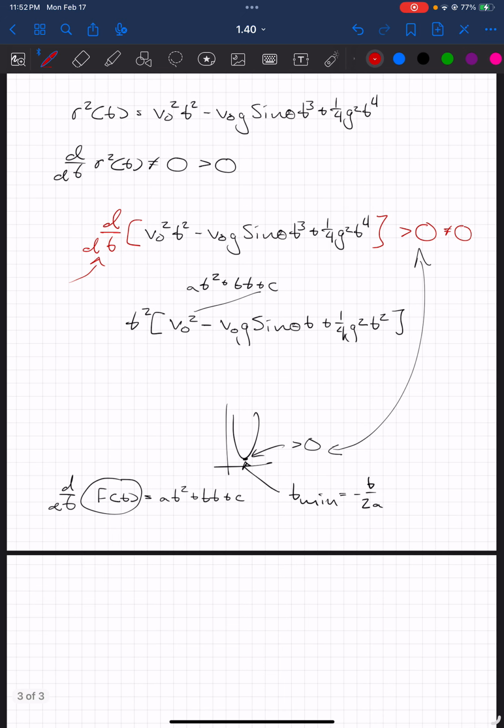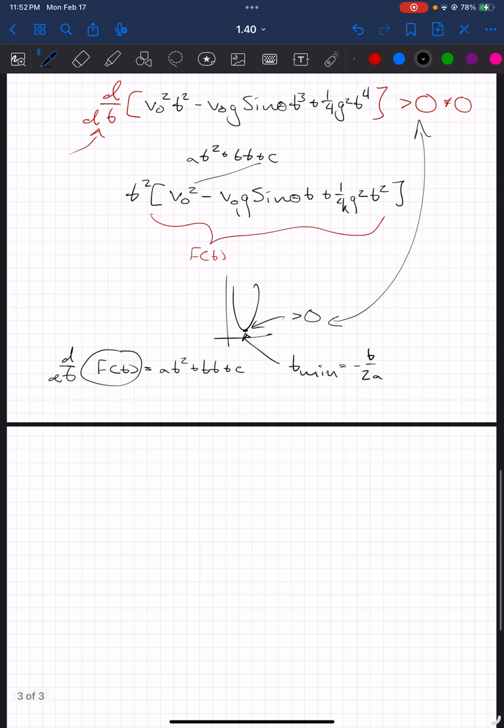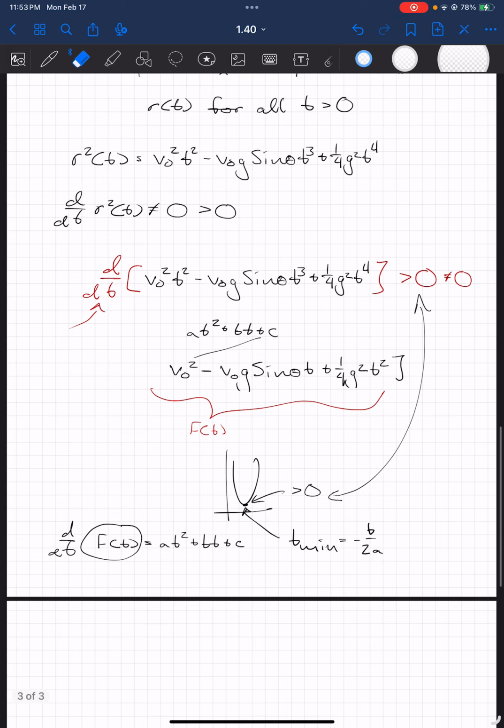So if we take the derivative with respect to t for this function, which we call f of t, so f of t is equal to v naught squared t squared minus, sorry, make sure that this is, oh man, okay, a little rewind.